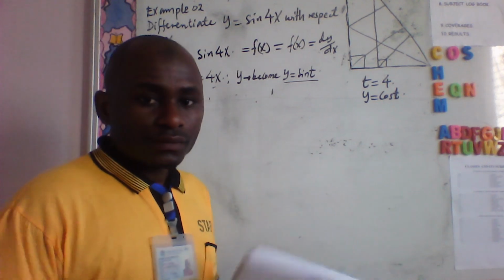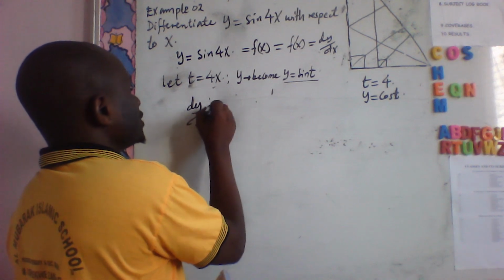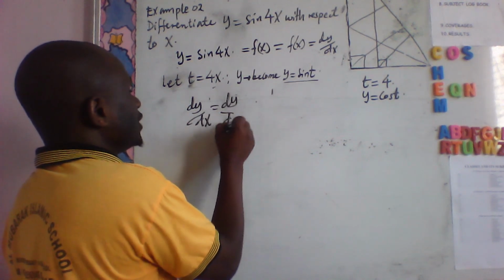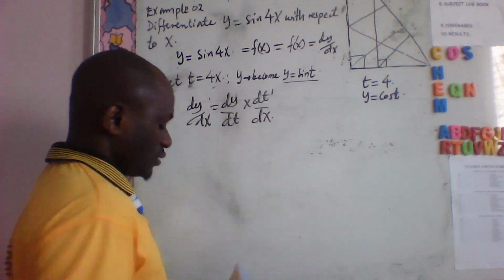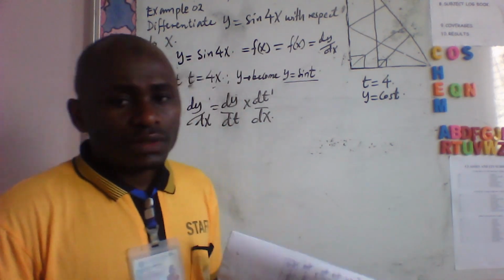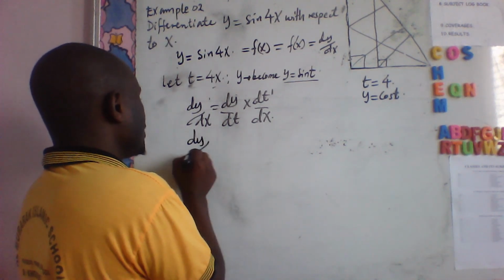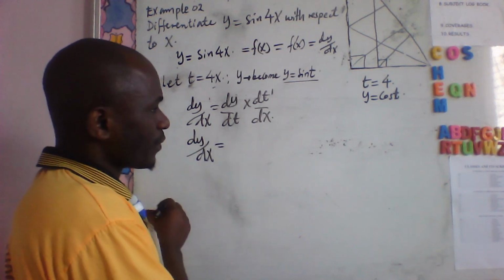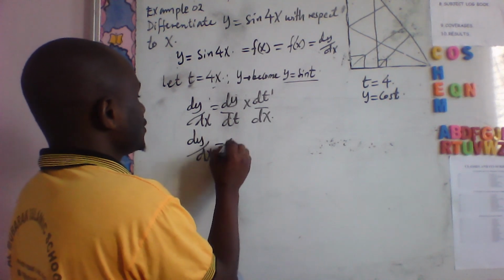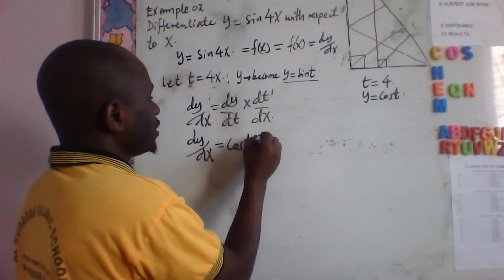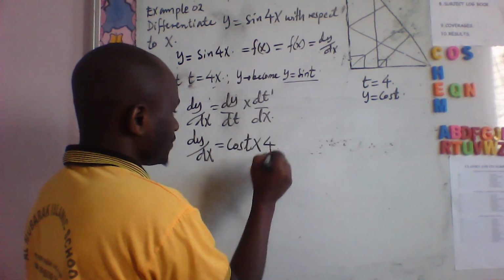So dy over dx is equal to dy over dt times dt over dx. So dy over dx here is equal to the value of y, which is cos t, times the value of t, which is equal to 4.